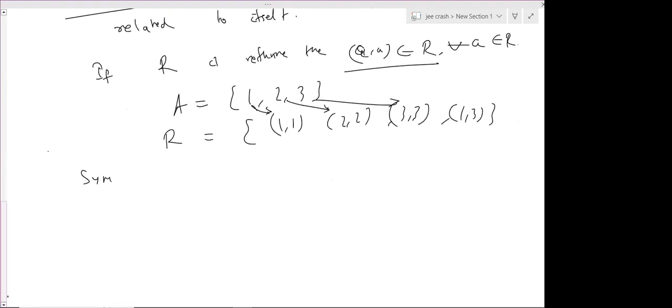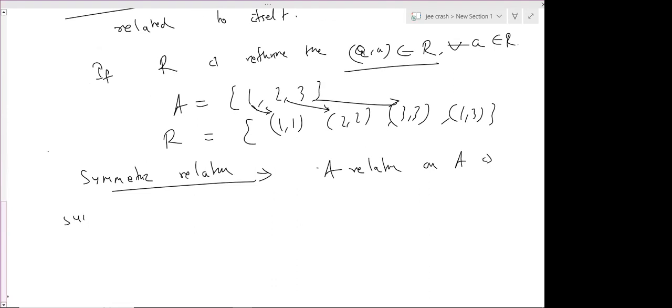Symmetric relation. A relation on A is symmetric if (a, b) belongs to R implies (b, a) also belongs to R. Very simple.